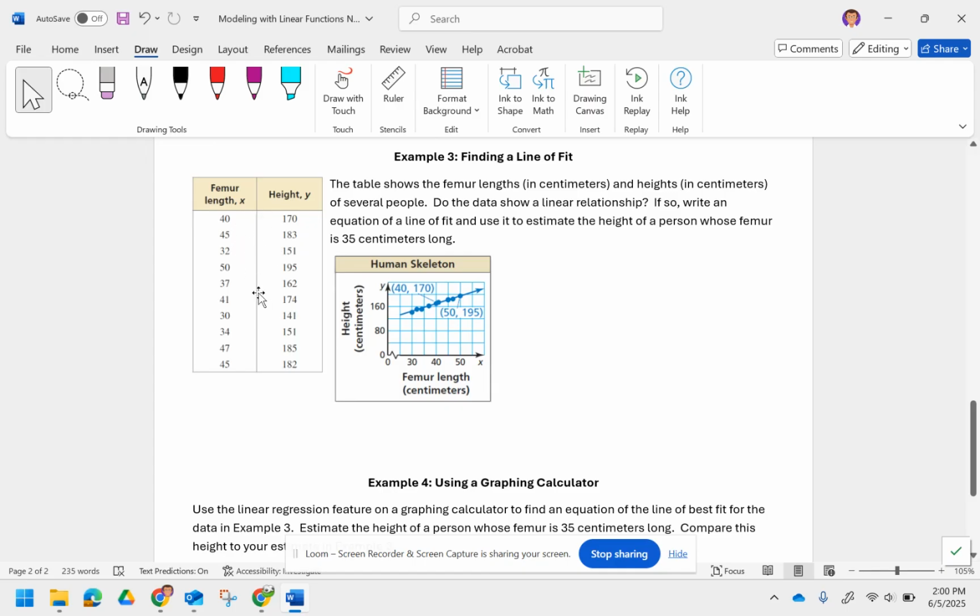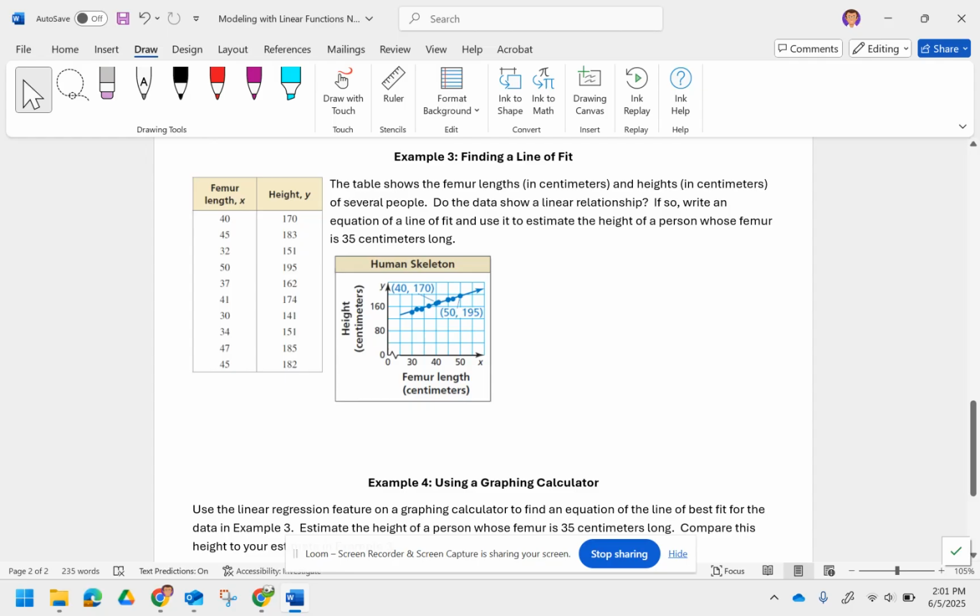Now from this data, we created a scatter plot. Looking at this scatter plot, you can see that not all these points are lining up perfectly with that line. However, the points are clearly creating this linear relationship. So we then drew a line that, to our best ability, matched the data that we saw, and picked 2 points that are on that line.